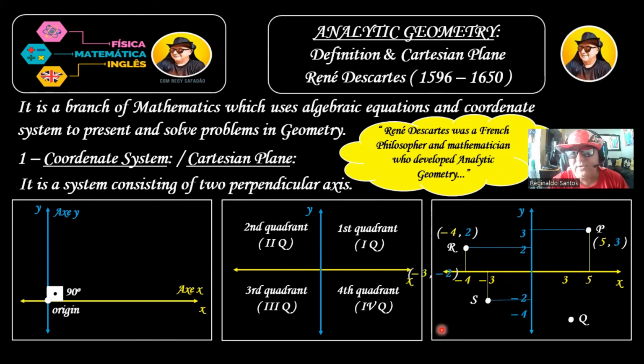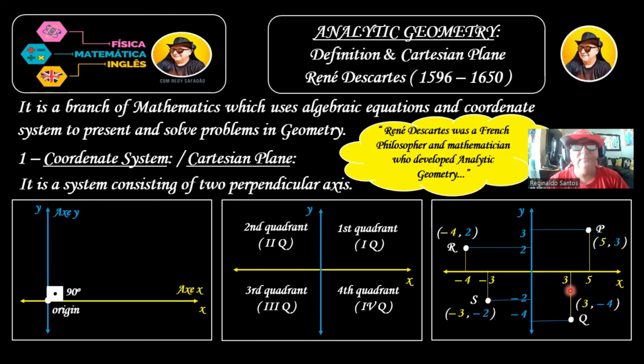So point S is -3 and -2. Plotting the numbers. Now let's see point Q. Here is +3 and -4. So point Q is 3 and -4.